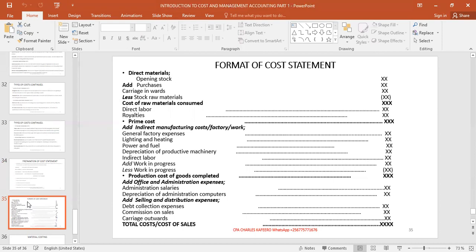So we can start. The first one, we start with the material. When you are producing the output, you have to start with the material. When you want to produce certain items, you first buy the material. After buying the material, of course, you incur the labor.